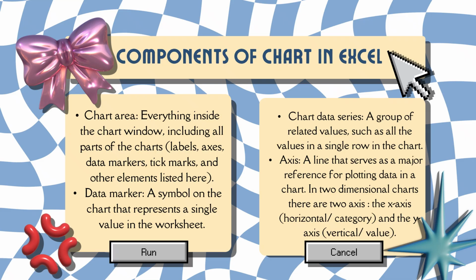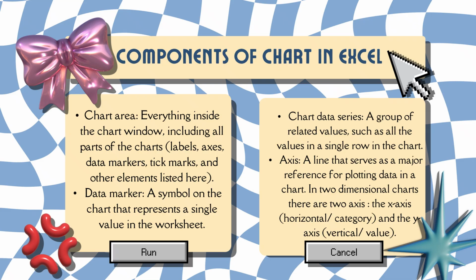Everything inside the chart window, including all parts of the chart, labels, axes, data markers, tick marks, and other elements listed here. Data marker, a symbol on the chart that represents a single value in the worksheet. Chart data series, a group of related values such as all the values in a single row in the chart. Axis, a line that serves as a major reference for plotting data in a chart.